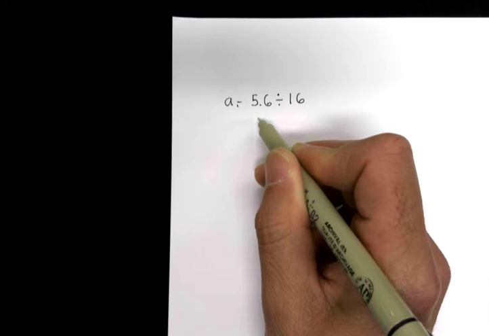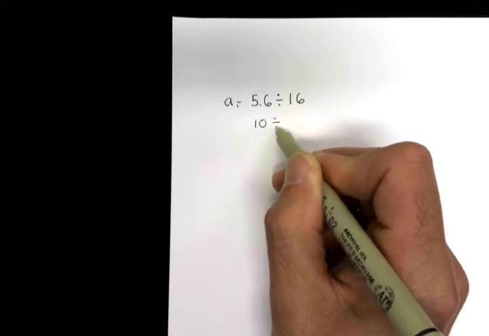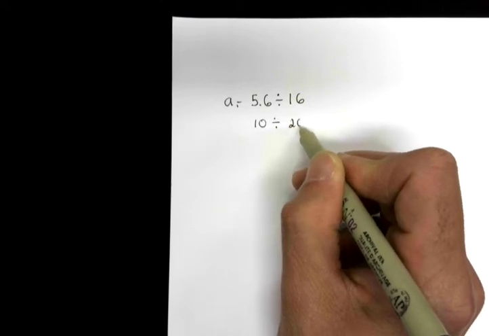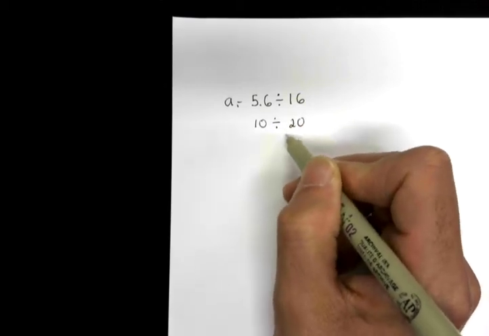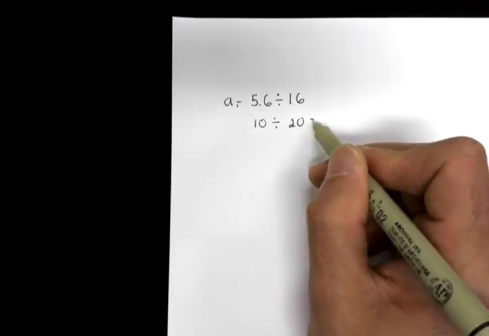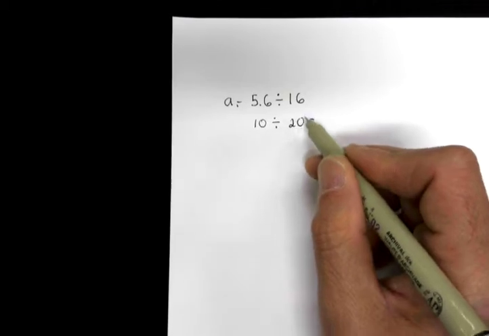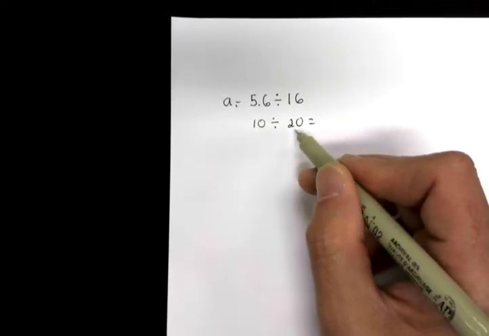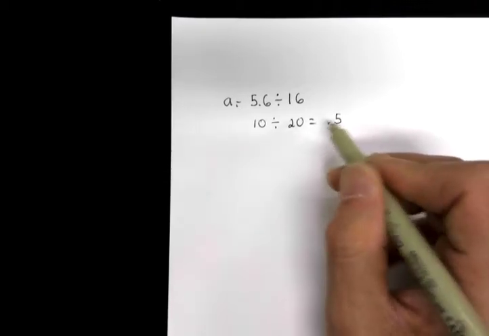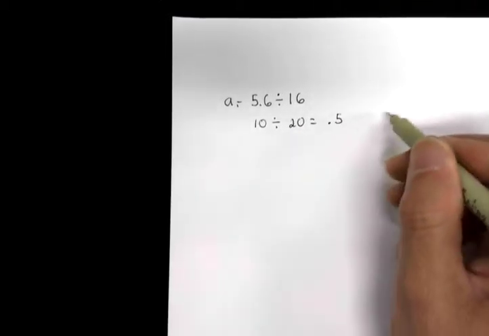So this would be 10 because it's just estimation, and then this one we can make into 20. So that's 2 divided by 10, because you can just drop the 2, and it would be roughly 0.5, around there. Now let's see how that actually plays out.